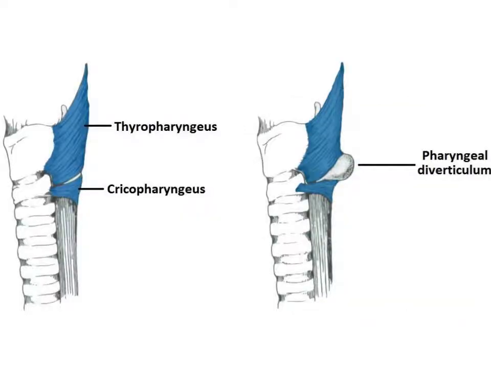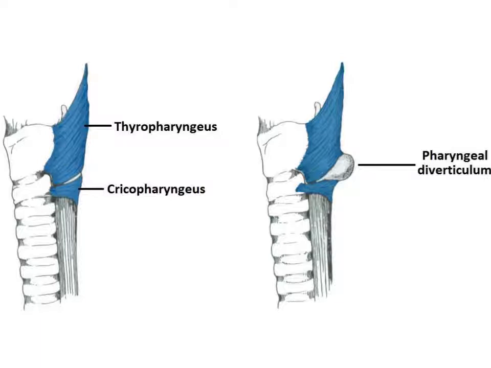So, thyropharyngeus and cricopharyngeus have Killian's dehiscence, an area where thyropharyngeus meets cricopharyngeus. It's a very thin area. The area between the two is weak in muscle and is called Killian's dehiscence. During swallowing, thyropharyngeus constricts while cricopharyngeus relaxes.